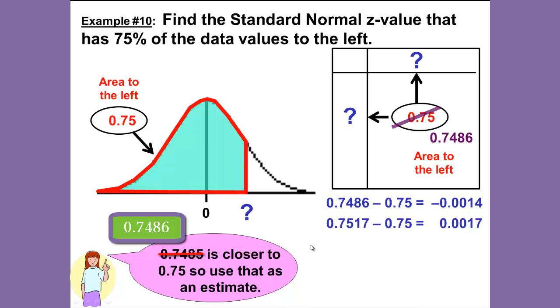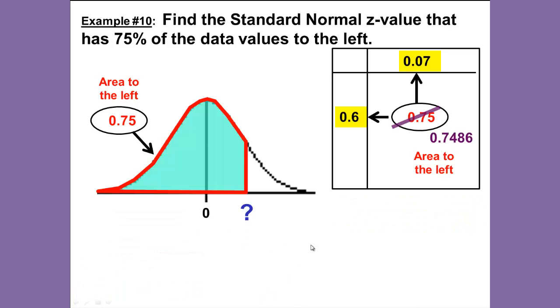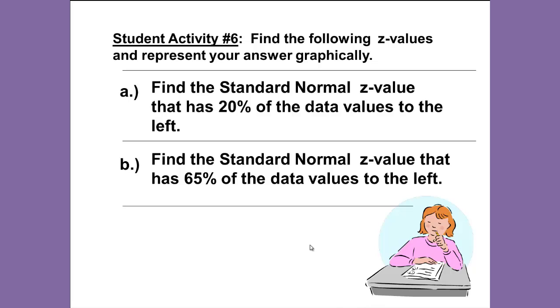So looking up 0.7486 gives us a z-value of 0.67, and that is our answer. Here is a student activity for you to try.